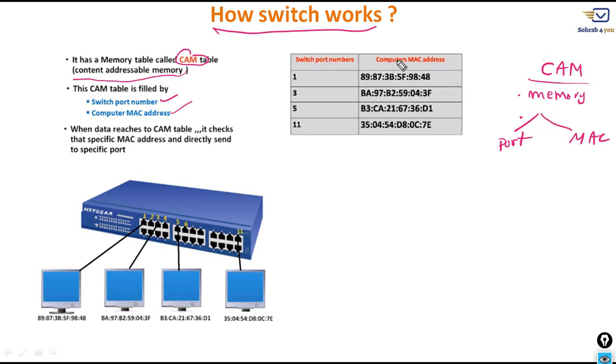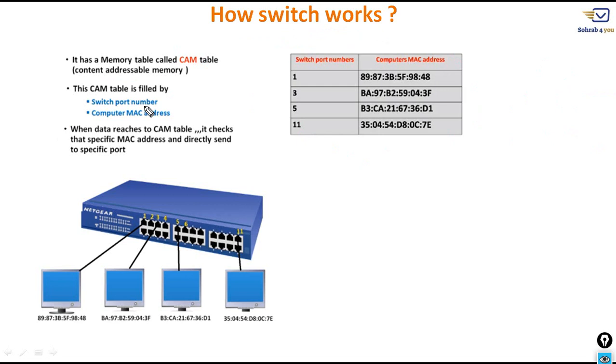So now you can see this is a CAM table. It has all the port numbers of the switch, port number 1, 3, 4, 5, 7, and all the computer MAC addresses are saved in here. So now, what happened?